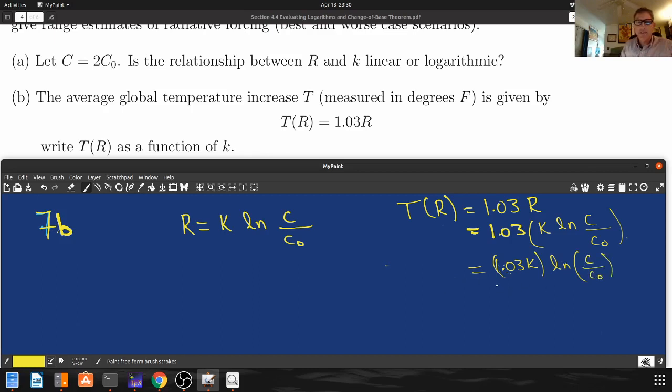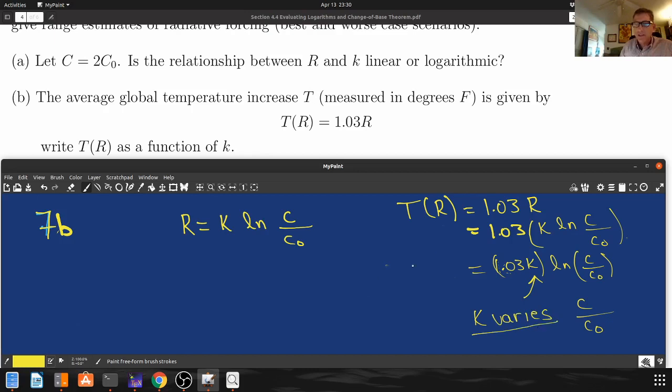And now I have it written as a function of K. Apparently the C and the C naught are given, and they're going to let K vary. They want this to be the input variable, so K varies.